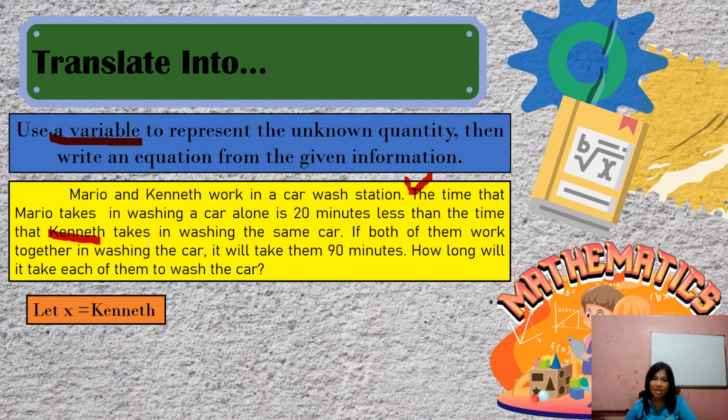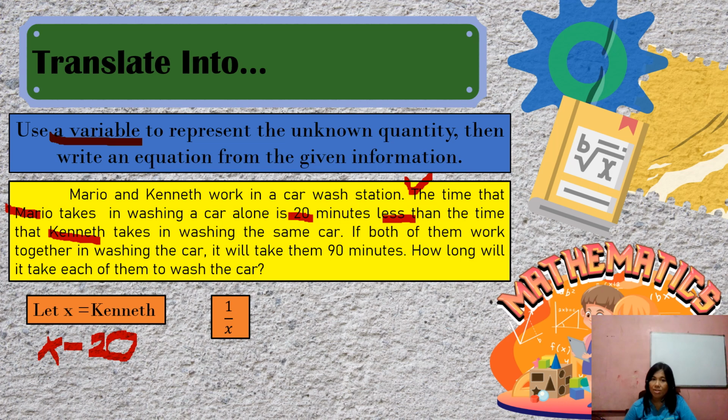Tapos, backwards tayo, sabi, less than the time. Okay, so Kenneth's time, so it will be x. Tapos, less than, so minus 20 minutes. So, minus 20. And then, it will be Mario's time. Oops, teka lang muna. Si Kenneth pala, kasi nga, di ba, work problem siya.